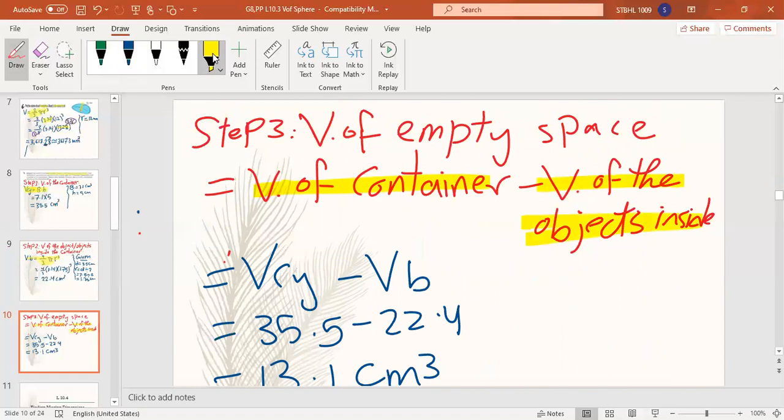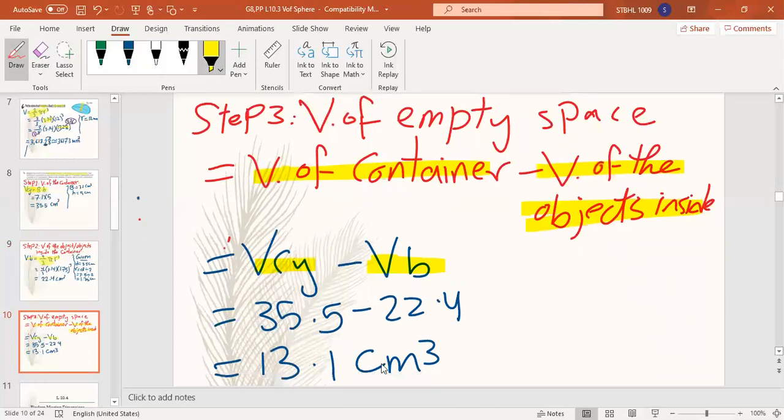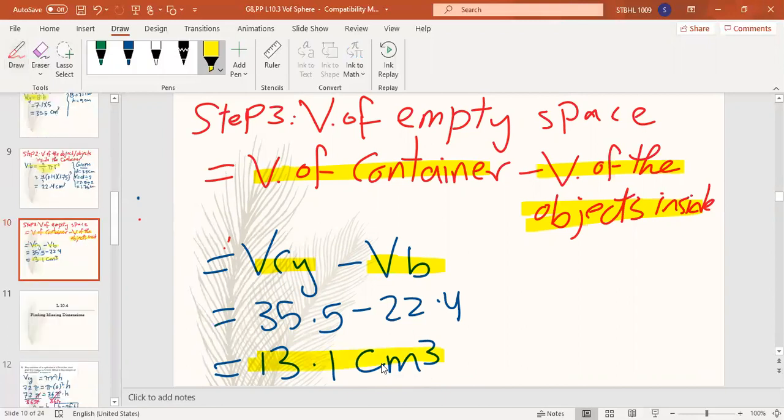So it's volume of cylinder minus volume of ball, 35.5 minus 22.4 equals 13.1 cubic centimeter. This is volume of empty space inside the cylindrical container.